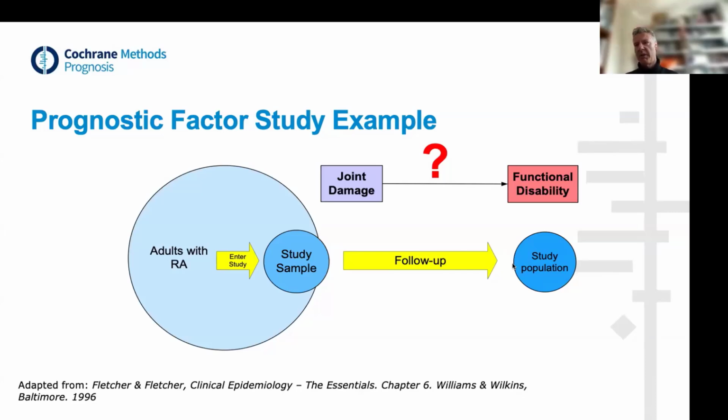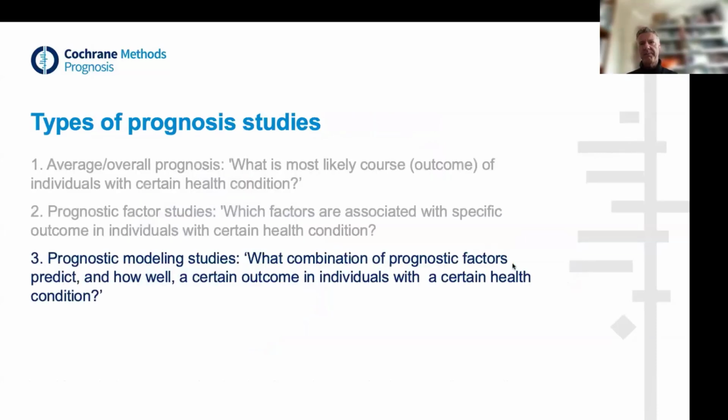So this is a typical prognostic factor primary study, and this example shows they are only focusing on the prognostic factor joint damage, but you can also imagine that they could have studied the effect of gender, the effect of age, the effect of family history with rheumatoid arthritis. All other prognostic factors are typically considered in the same prognostic factor study.